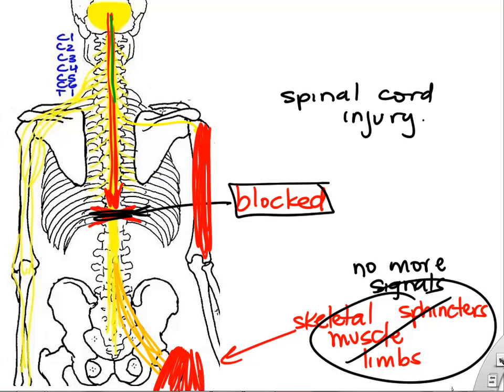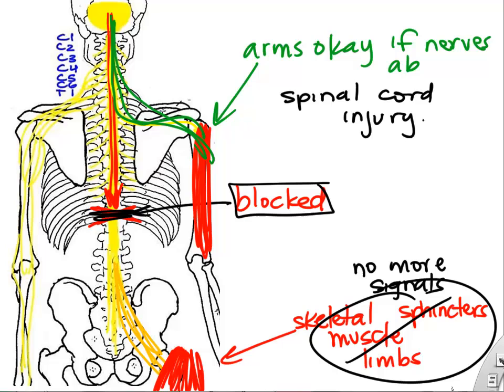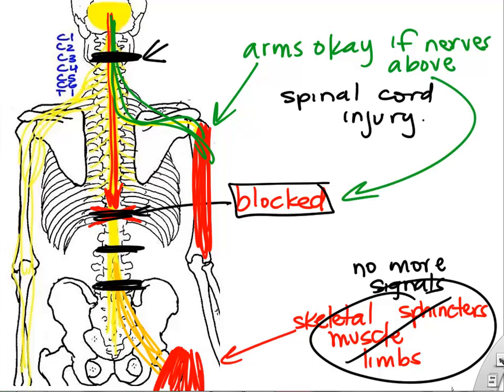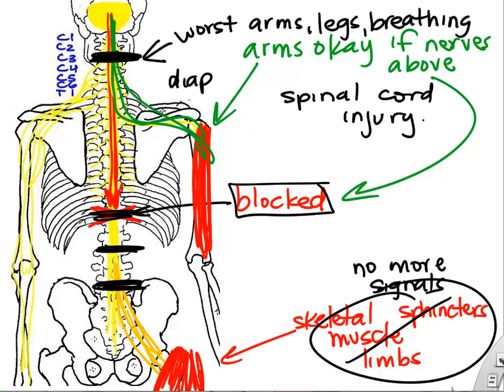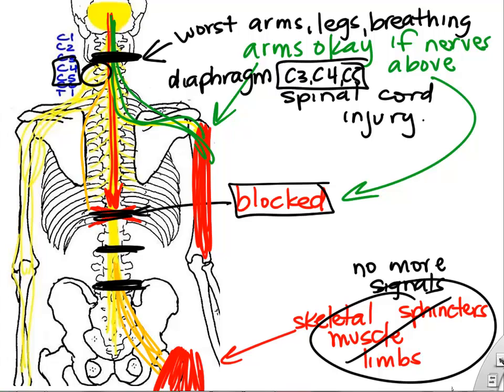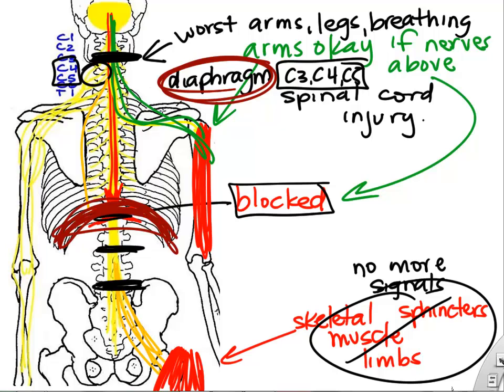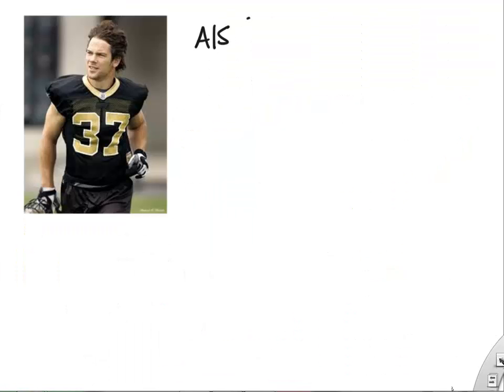If the nerves that go to your arms are above the block, then your arms would be okay. The skeletal muscles would still receive signals and your arms would still work. So it really depends where the level of your spinal injury is. The worst would be up in the cervical region because you'd lose function of your arms and legs, also possibly breathing because your diaphragm is skeletal muscle. It needs nerves to control it.